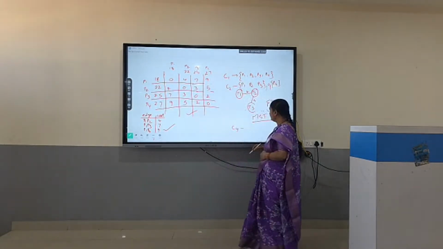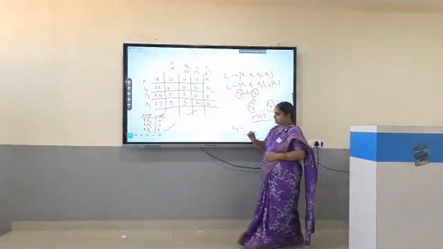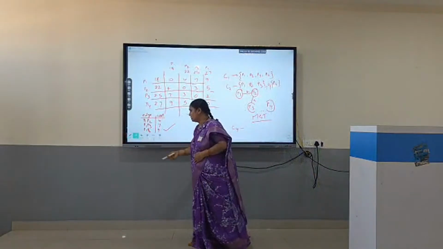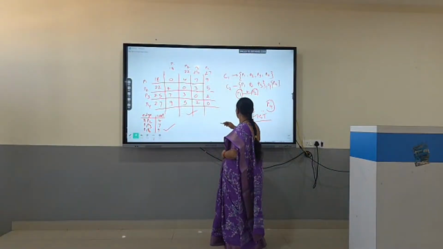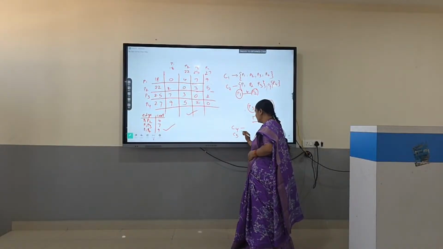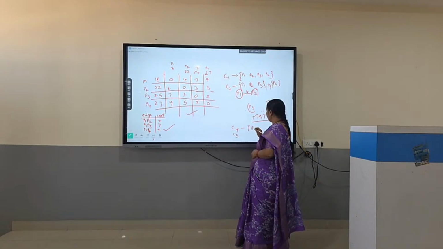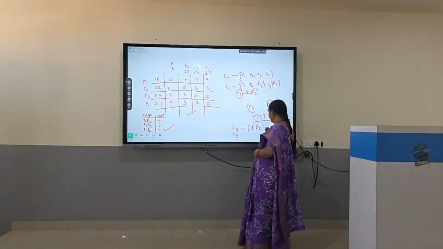Going to C4, which has the minimum value here? P2 and P3. So you need to cut that edge. Now what are C4 and C5? C4 is P1, P2, one cluster.